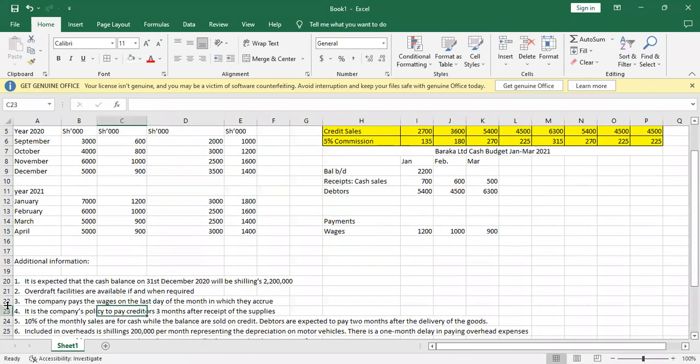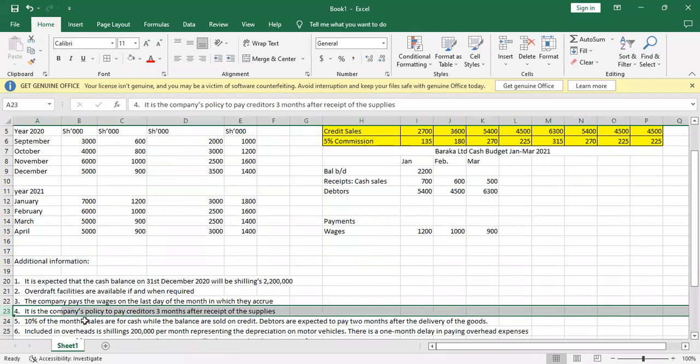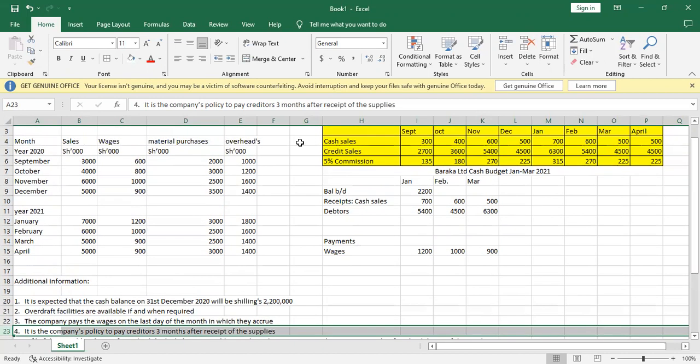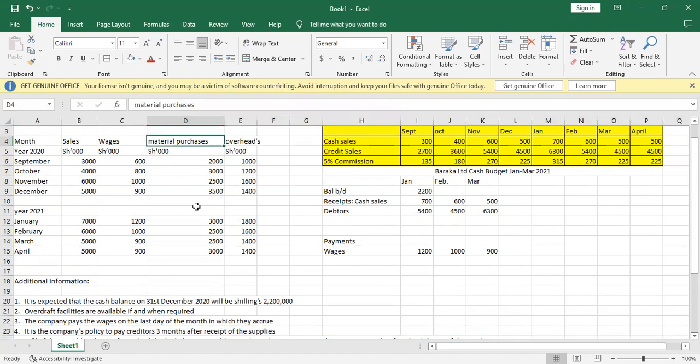number 4. Is the company's policy to pay creditors 3 months after the receipts of supplies. So we are talking of the material purchases. These are our creditors. We are paying 3 months after receipts. To mean, in January, we'll be paying for all the materials that were purchased in the month of September. Isn't that so?